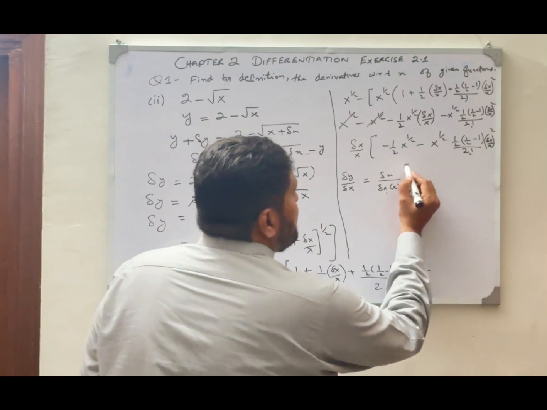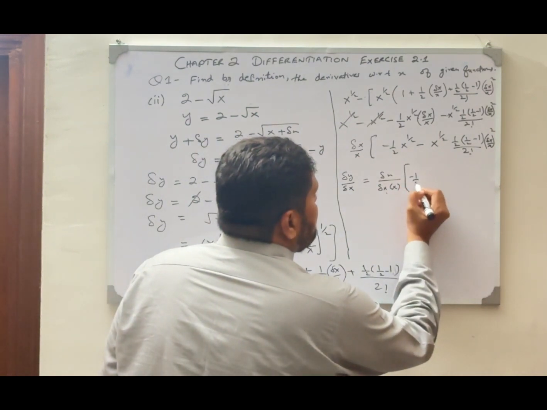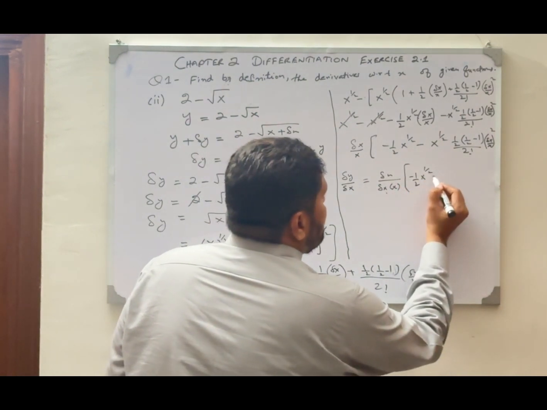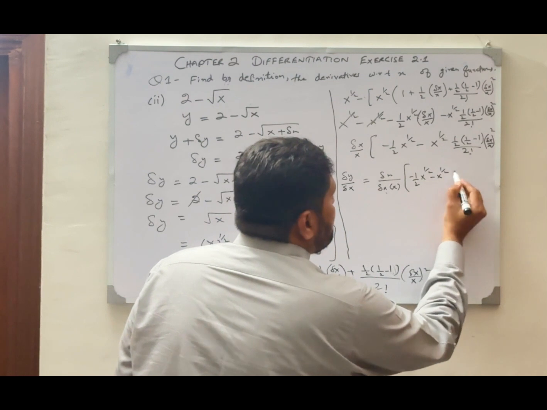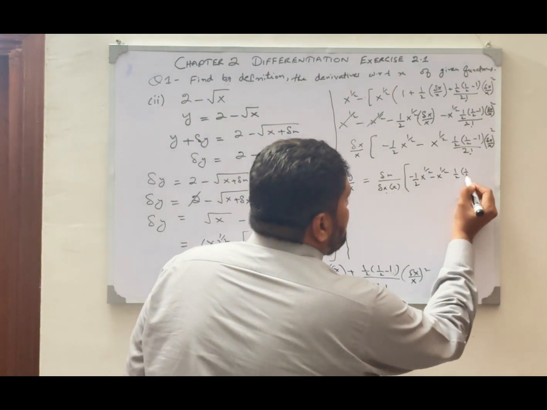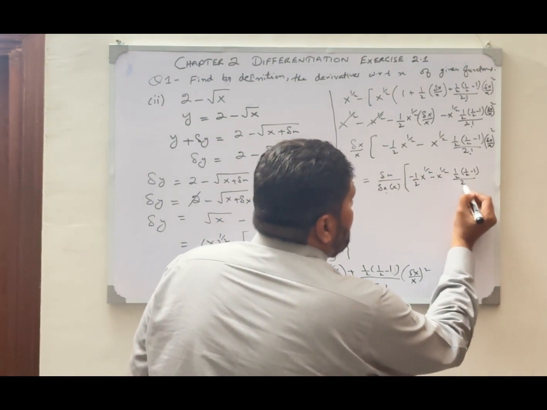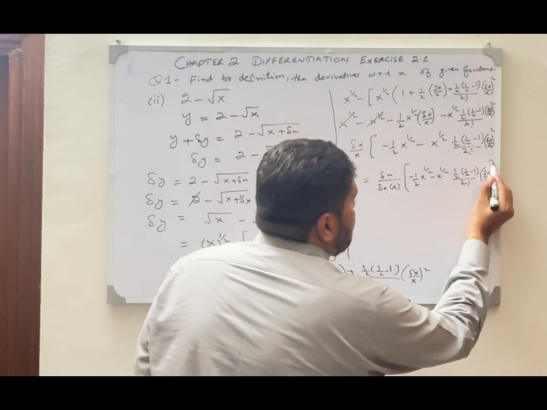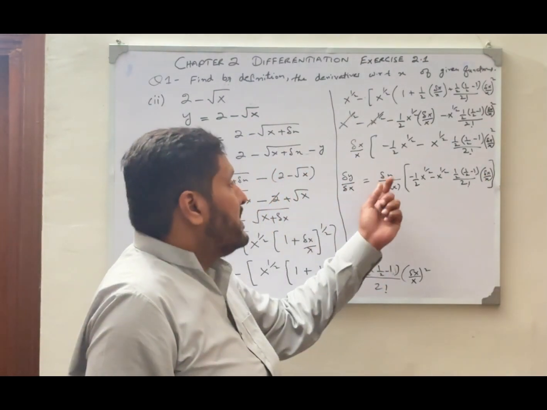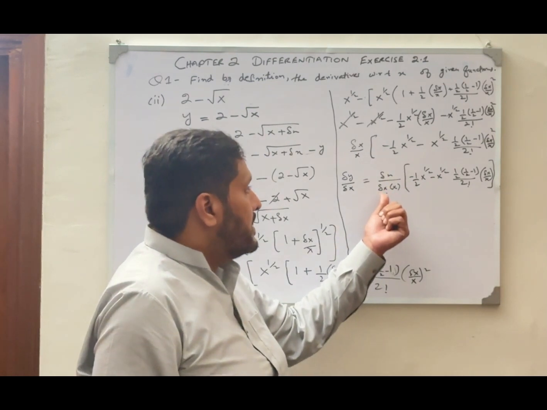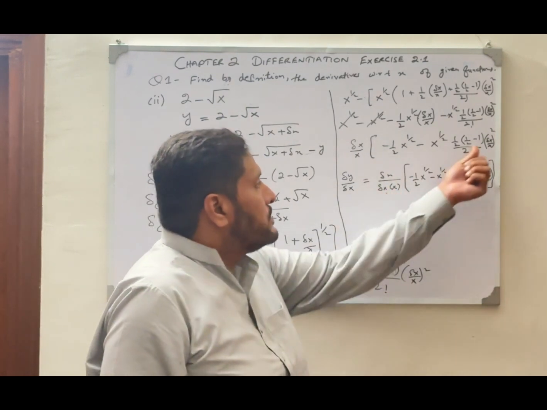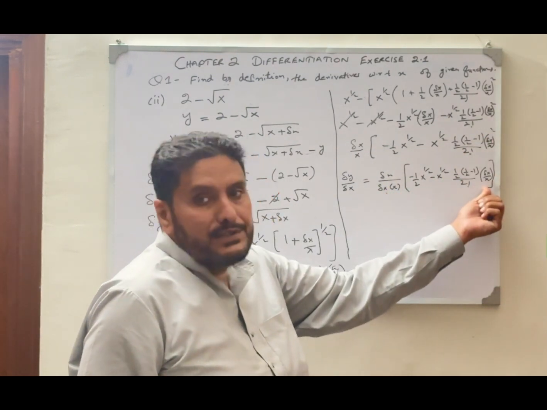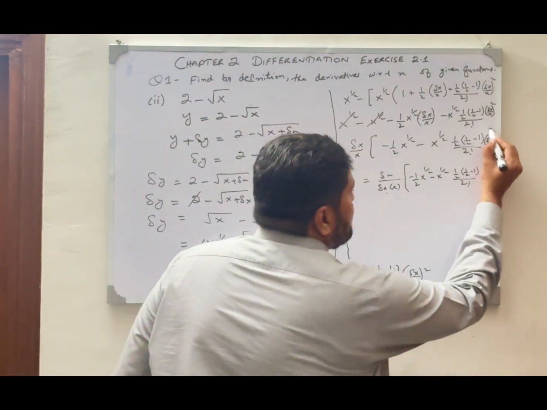So the remaining term remains the same, minus 1 over 2 x power 1/2 minus x power 1/2 into 1/2 into (1/2 minus 1) over 2 factorial into delta x over x. Now we have taken delta x over x common, so this square will be converted into a single term.